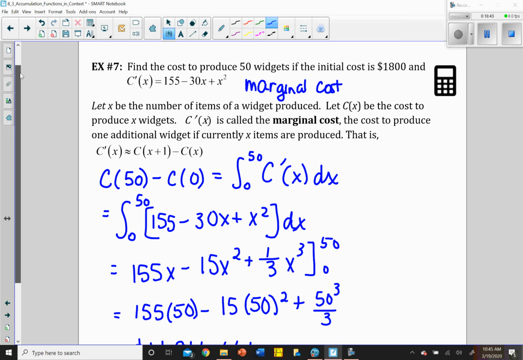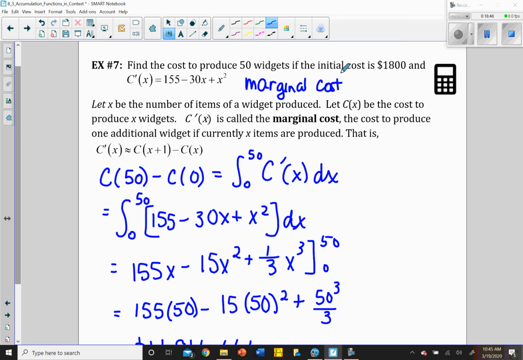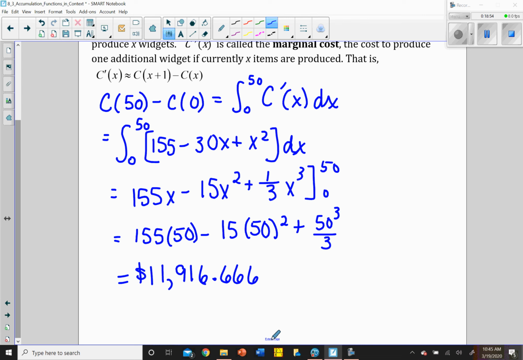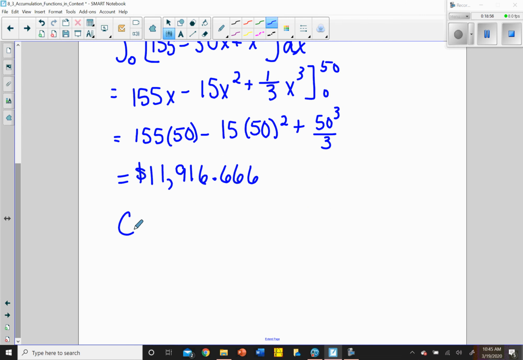We want to know the C of 50, the cost to produce 50, but there's an initial cost of $1,800. So we've got the cost to produce that one extra plus the initial cost, which was $1,800 plus the marginal cost, 916.67.